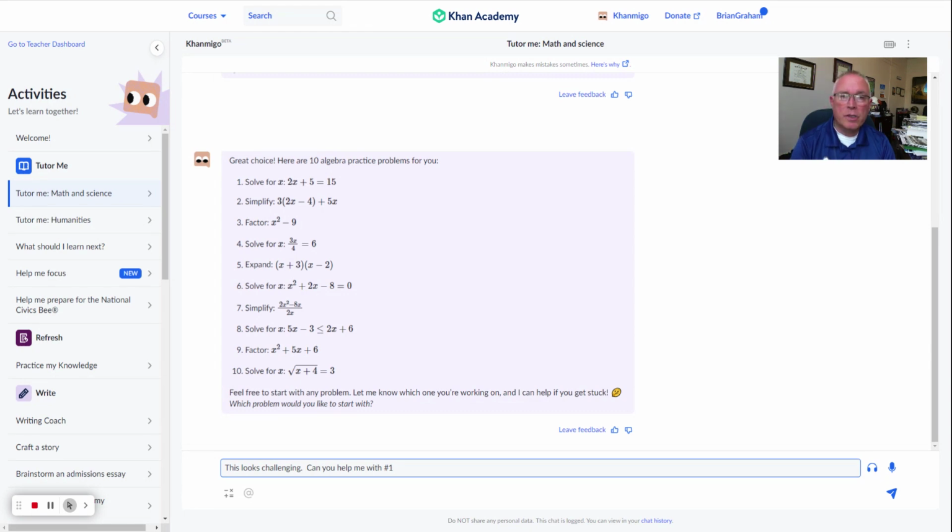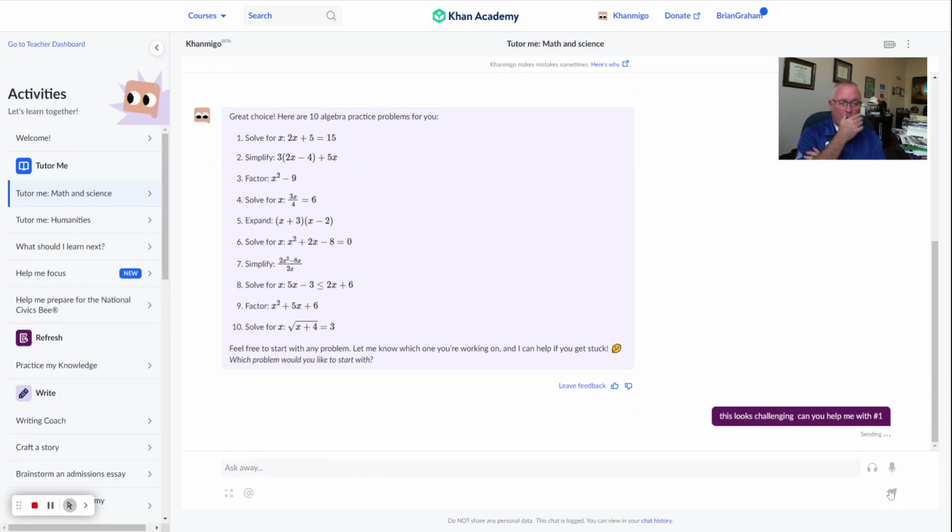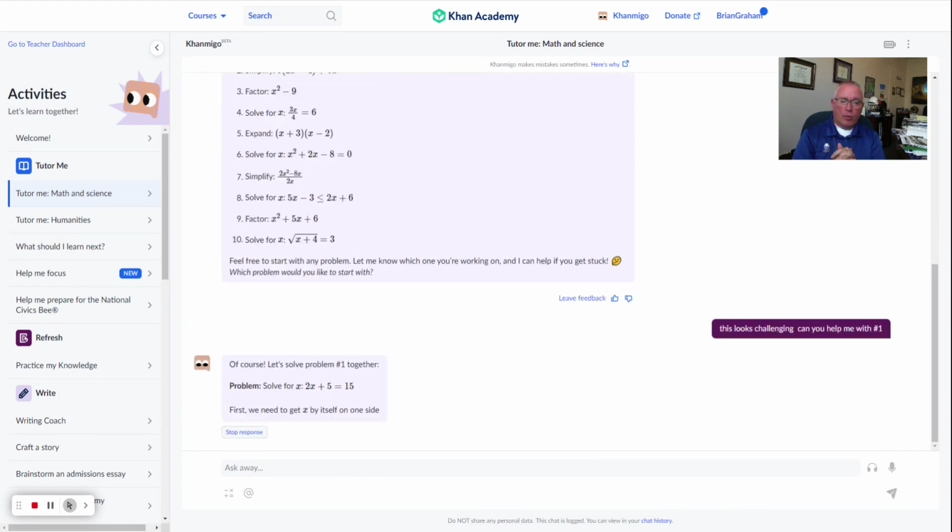And I'm not going to use punctuation. Actually, let me take off, this is challenging, I'll take off the period there, and even put a lowercase just so that we can see how Khanmigo responds to 2 sentences without punctuation or proper grammar. Alright, let's take a look. So of course I'm saying this looks challenging, can you give me help with number 1?